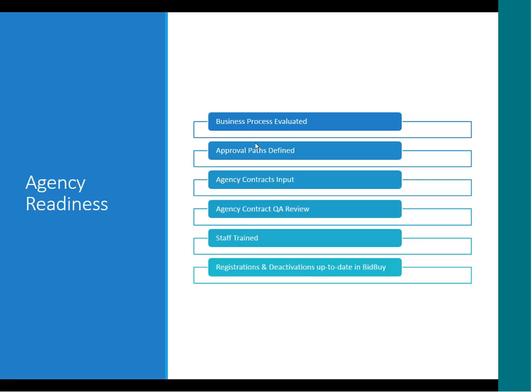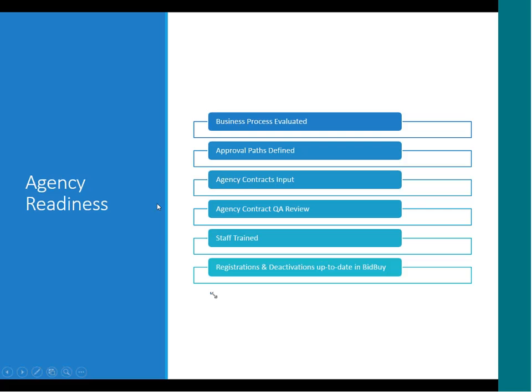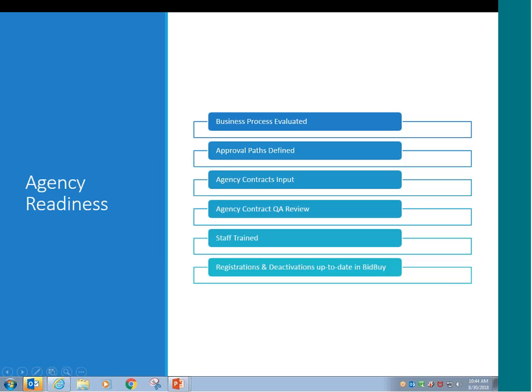With your contracts being input, don't forget that all legacy contracts do need to be within BidBuy if they're going to have action in the future. Staff training is ongoing, and do ensure that you are actively going through your deactivation process when anyone is no longer eligible to have access to the system.